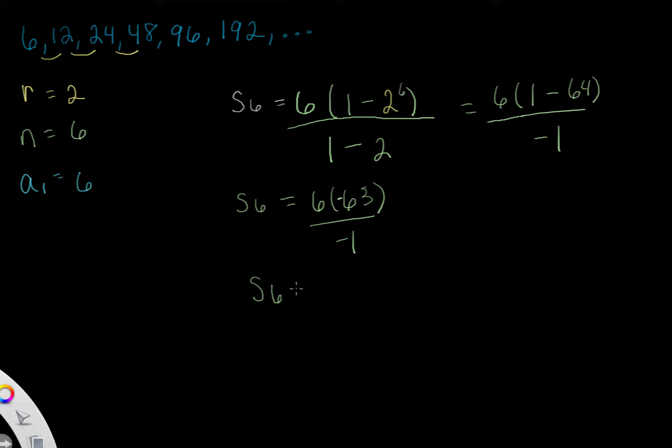The sum of those first 6 terms in that sequence, 6 times a negative 63 is a negative 378, divided by negative 1 is 378. So the sum of those 6 terms is 378.